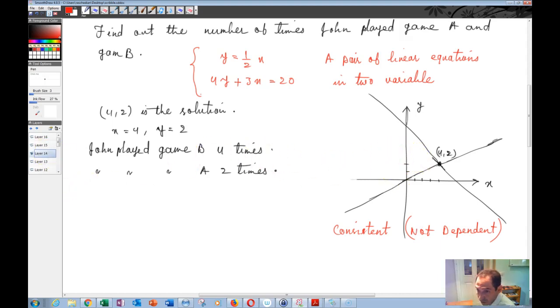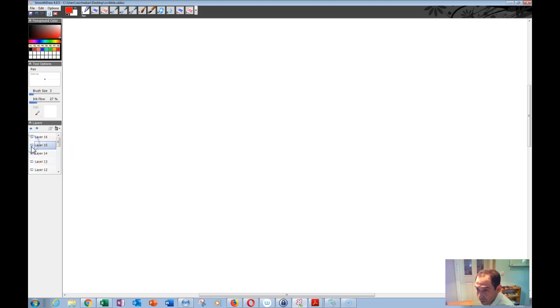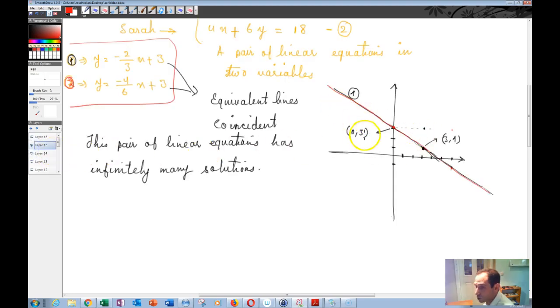Over here we had these two coincident lines, that is a dependent pair of linear equations with infinitely many common solutions.